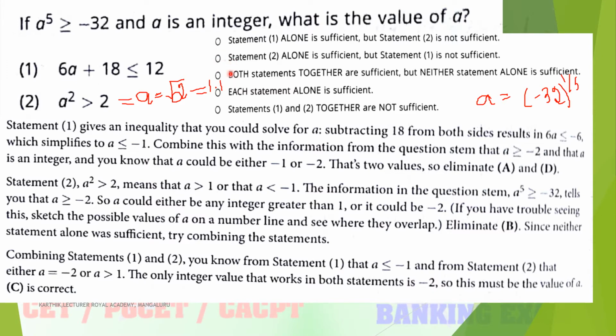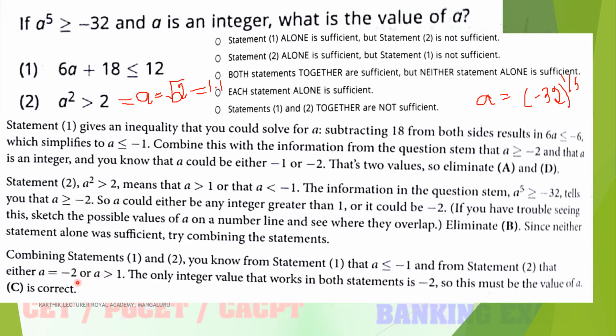Next, the third option: both statements together. First statement, what information is given? A is less than or equal to -1. Second statement, what information is provided?